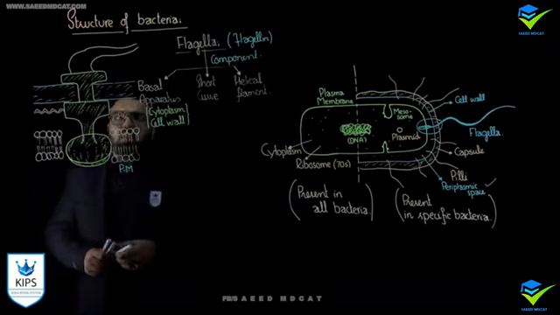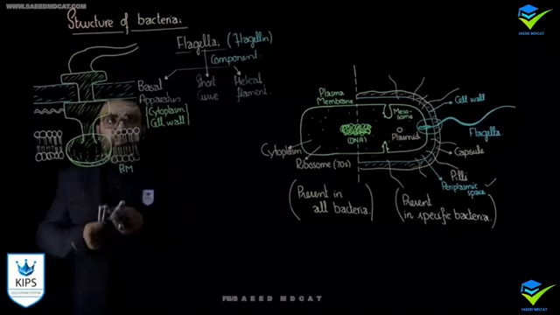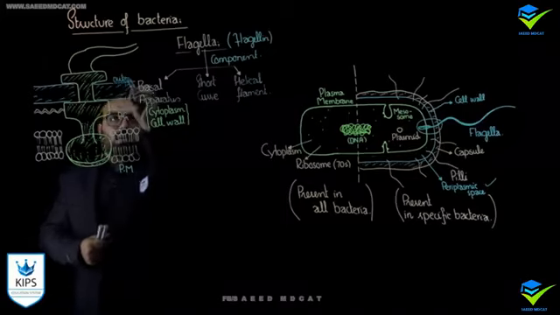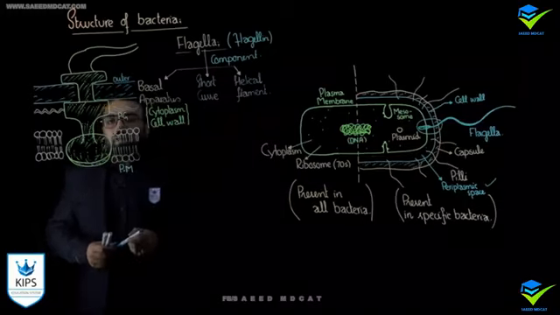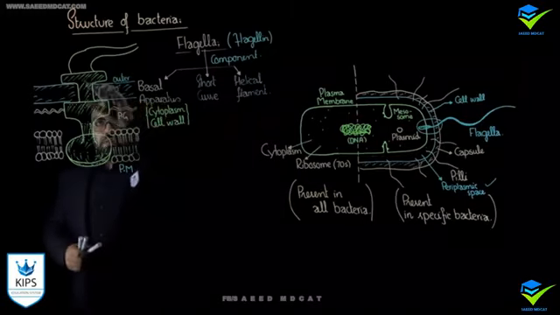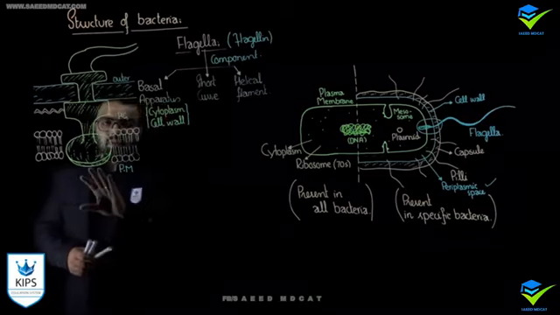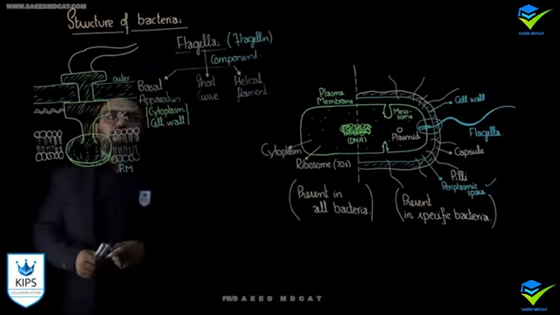This one is the peptidoglycan, and the layer marked with the blue color is the outer layer of the cell wall. The structure highlighted with the green color is the basal apparatus, which interacts with the cytoplasm and the cell wall.